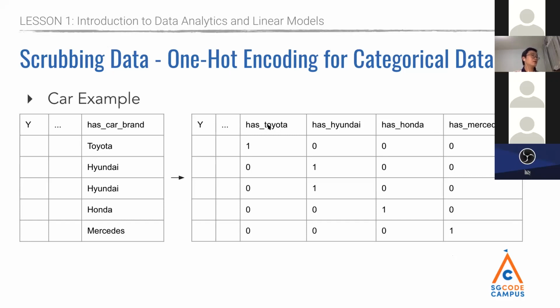Each dummy column will contain whether the car is Toyota or not. If it is, it's 1. If it is not, it's 0. So these four columns, you can imagine, are going to be very sparse, meaning a lot of zeros inside. Only cars falling in one of the brands will be 1 for that column.